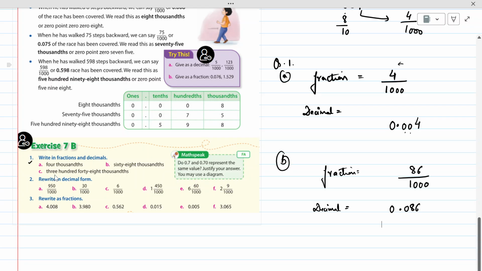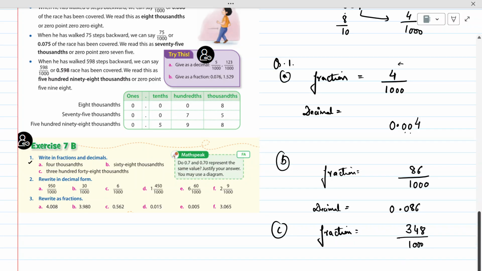And then we have 348 thousandths. Okay, so let me write this, C part I'm writing here. 348 thousandths. So in the form of a fraction we have 348 at the thousandths place.